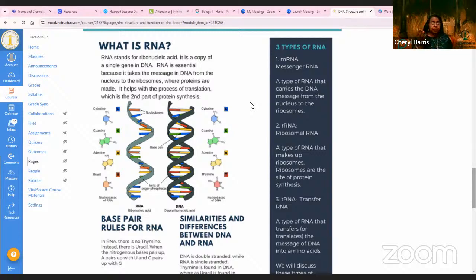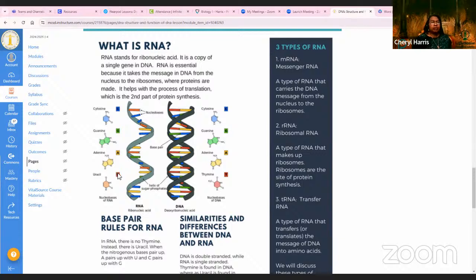Secondly, they have the same base pairing except for one. If you notice this, you have cytosine, guanine, and adenine on your RNA, but then you have this one called uracil. That one is only found on RNA. What's going to happen is it replaced the thymine.